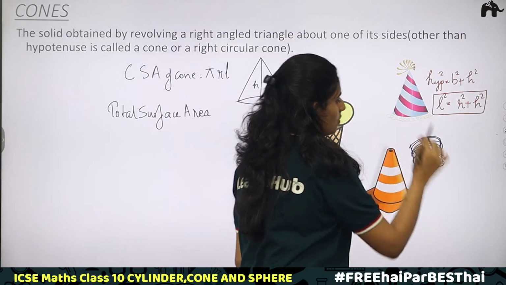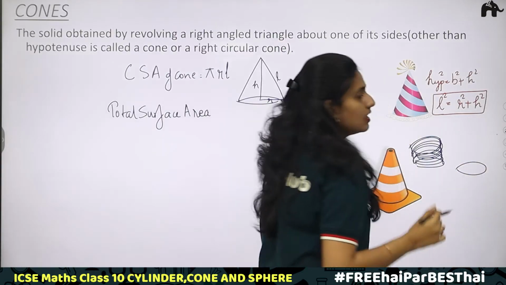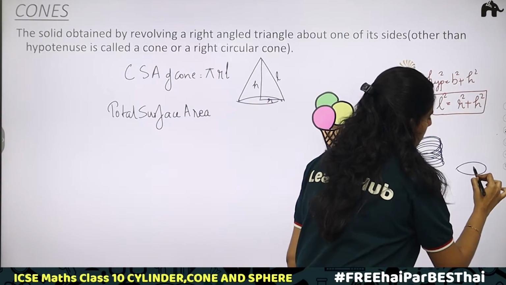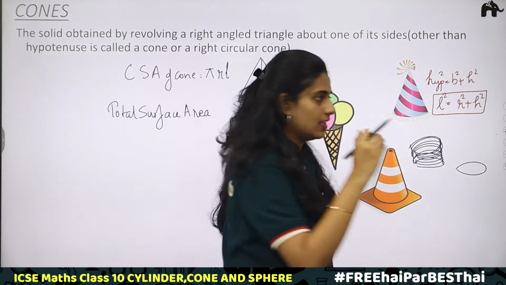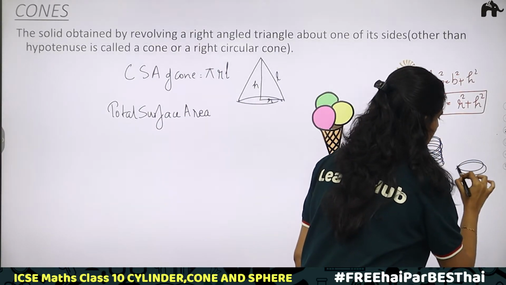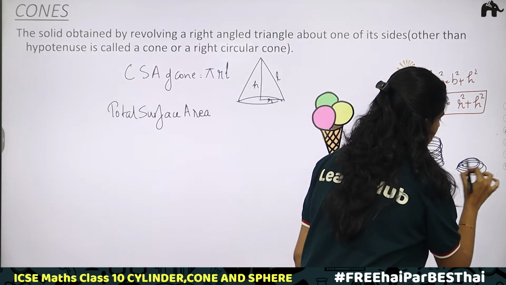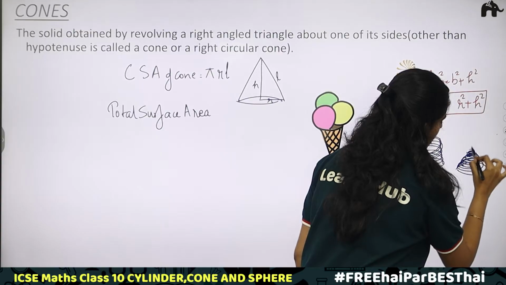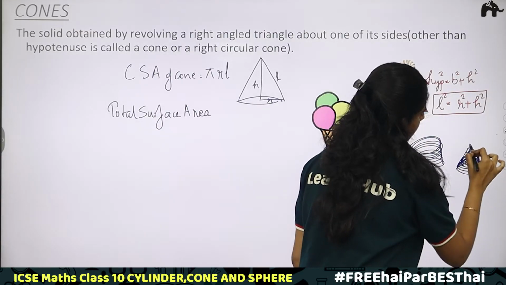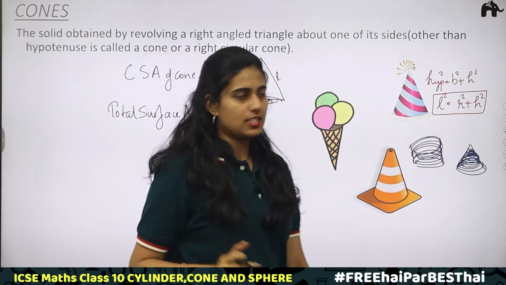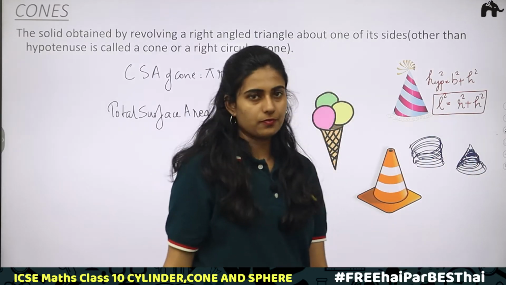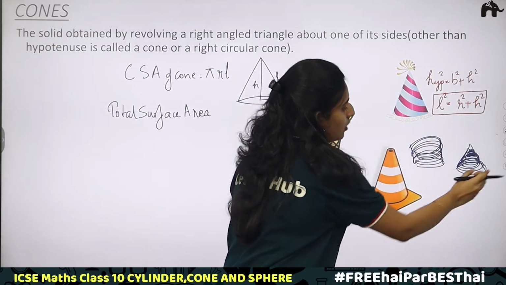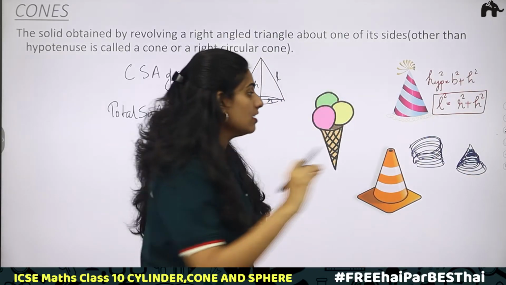When it comes to cone, at the base you will have a big circle, and when you go to the top, the radius of circles goes on decreasing, and finally the end will be pointed. Then you will be getting a cone. So in case of a cone, the radius is decreasing. You have only the base and don't have the top.